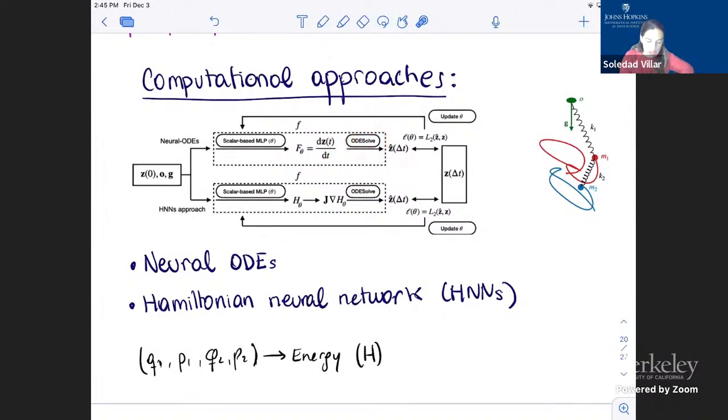And the other approach that we use is the Hamiltonian neural network, where we learn a Hamiltonian and then we use a Hamiltonian integrator, which you would expect to perform better. And so how our model fits here is that both the Hamiltonian and the neural network that we are learning are a function of the scalar products. So it's going to be equivariant just because it's a function of the scalar products, and we proved that it's equivariant.